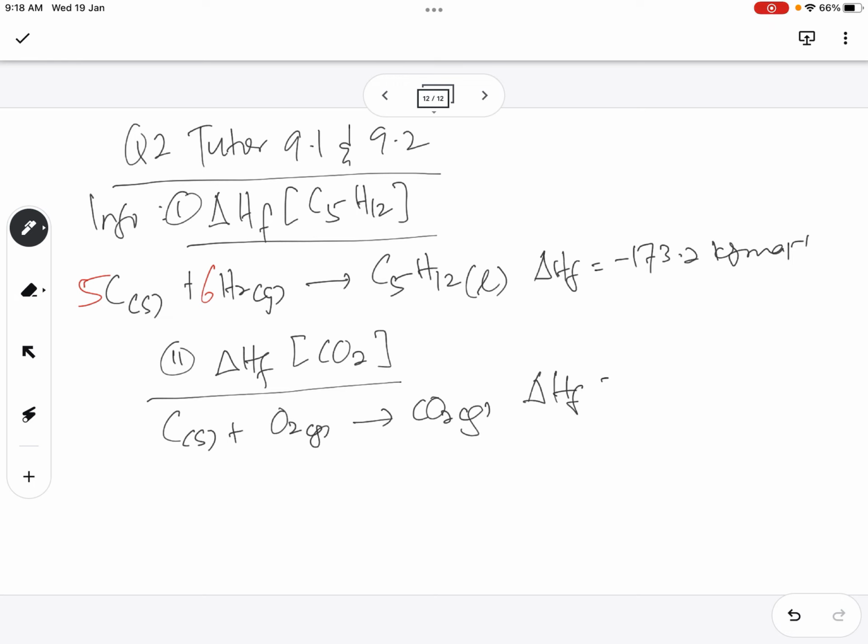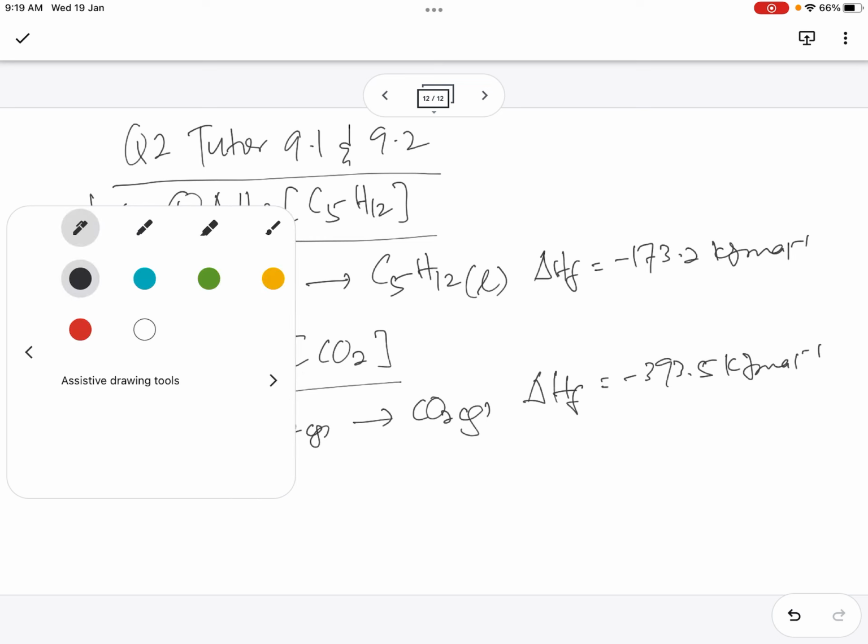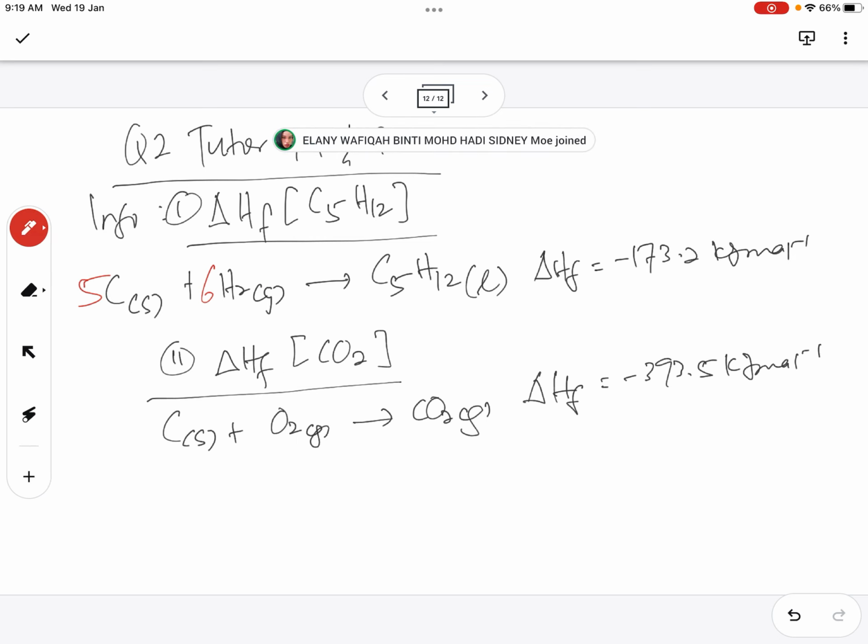Enthalpy of formation dia adalah sama dengan minus 393.5 kilojoule per mole. Okay, and then please take note here also the equation is already balanced. The equation already 1 carbon, O2, O2, so it's balanced.